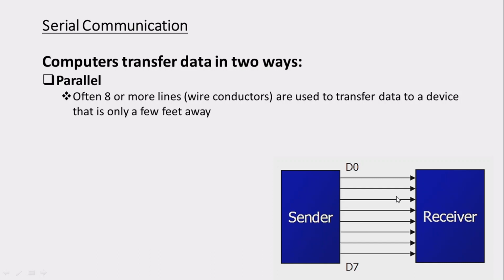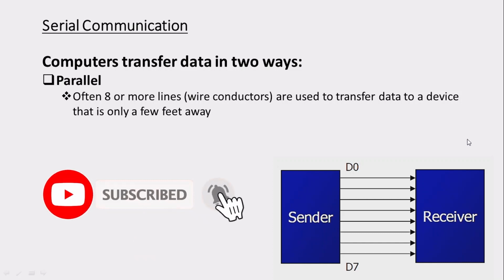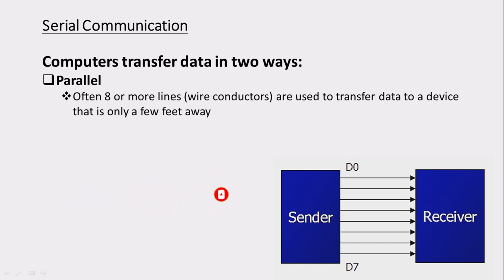So all the 8 bits which are present in a register, suppose if you take the 8051 architecture, basically it is an 8 bit architecture. I can send the whole 8 bit data at a single time. That is, if you consider in terms of speed, or in terms of clock cycles, the time required to send all the 8 bits of data from sender to receiver is going to take only one single clock cycle.